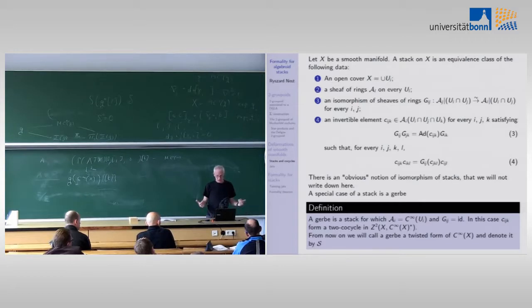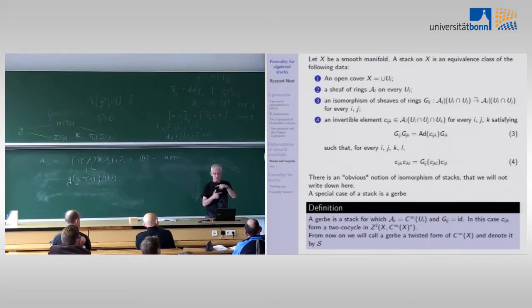So a gerbe is a special case of a stack when our sheaf of rings is just smooth functions on open sets. Locally, we look at the smooth functions on U_i. On intersections, you just take smooth functions on U_i, U_j, restricted, and they are supposed to be equal. So these transition maps are identities.